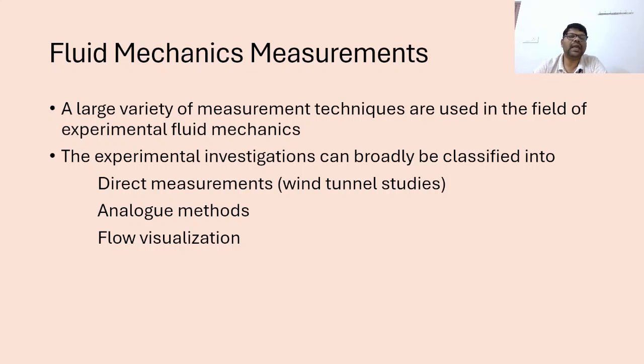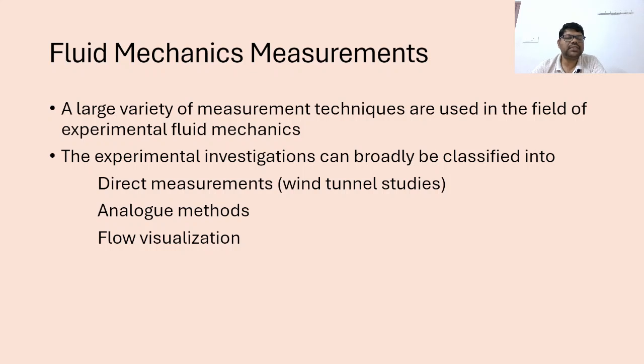Of course, in fluid mechanical experimental methods, we use a large number of measurement techniques to understand the flow behavior. The experimental techniques or investigations used in fluid mechanics can be broadly classified into three types, namely direct measurements, analog measurements or methods, and flow visualization methods.